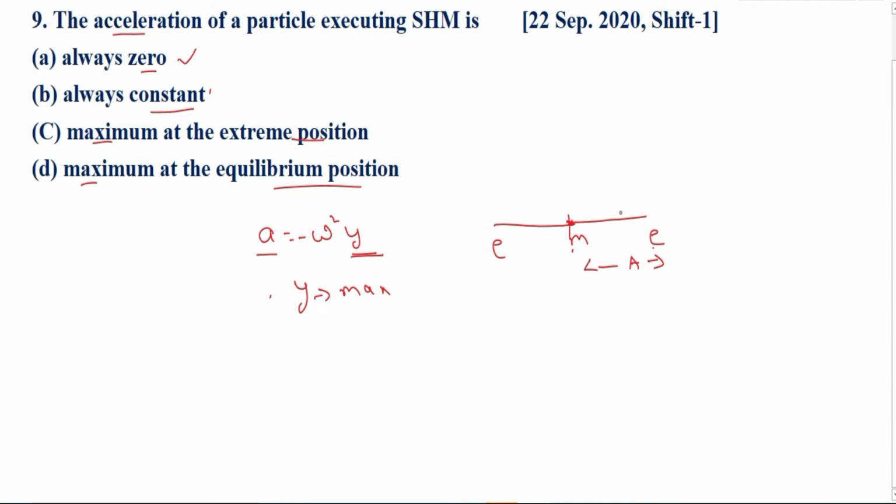Since acceleration is directly proportional to displacement, and displacement is maximum at the extreme position, acceleration will be maximum at the extreme position. So the option for this is C. Okay, now let us go to our next question.